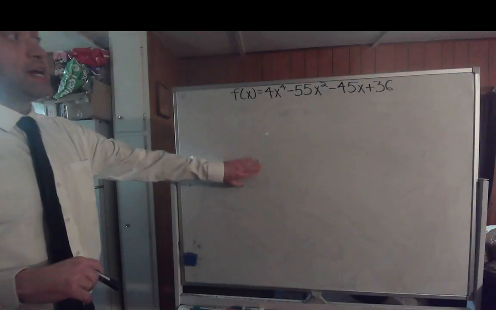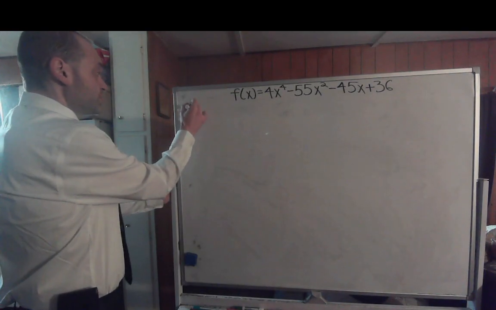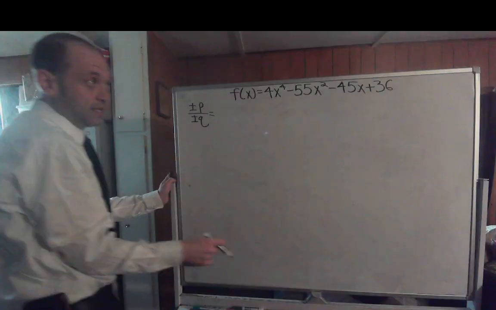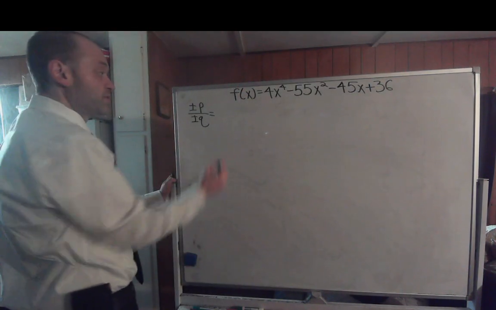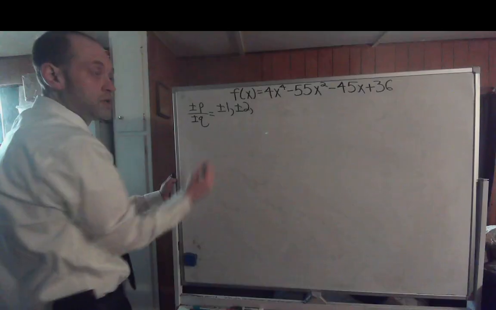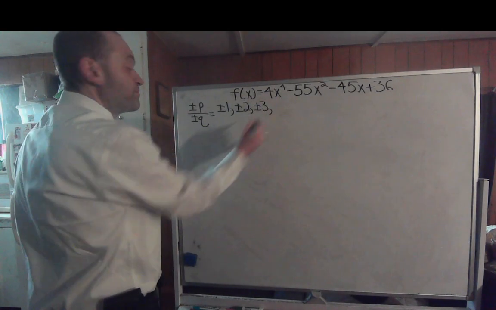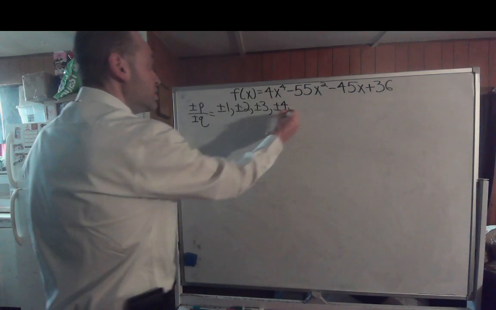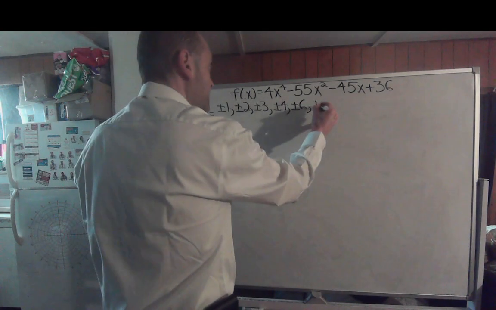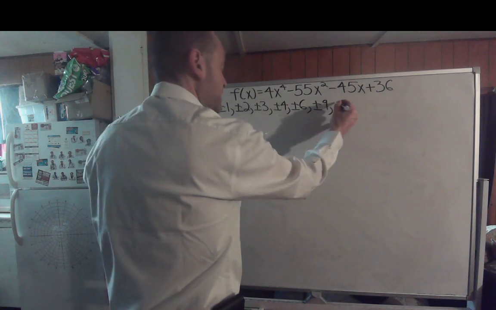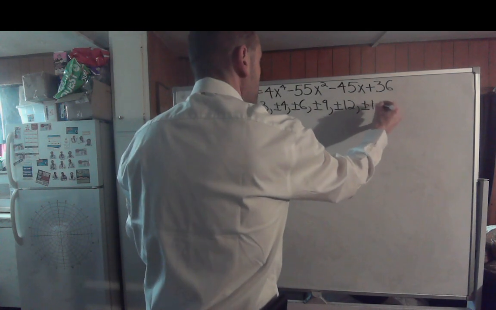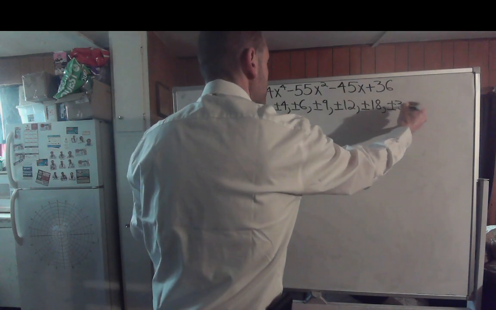So first thing again, let's come up with the possible rational zeros. So plus and minus p over plus and minus q. So that p again is your constant term. So factors of 36, you have plus and minus 1, plus and minus 2, plus and minus 3, plus and minus 4, plus and minus 6, plus and minus 9, plus and minus 12, plus and minus 18, and then plus and minus 36.